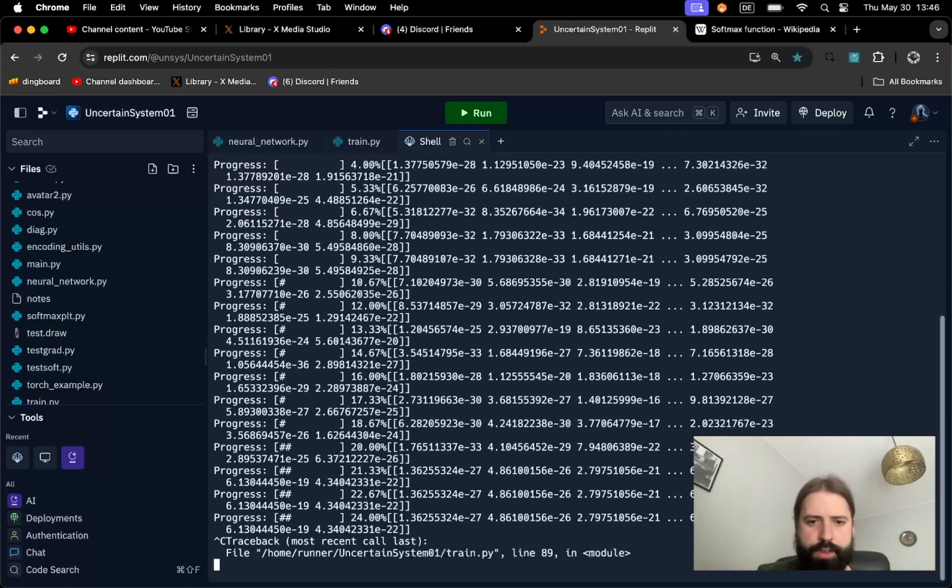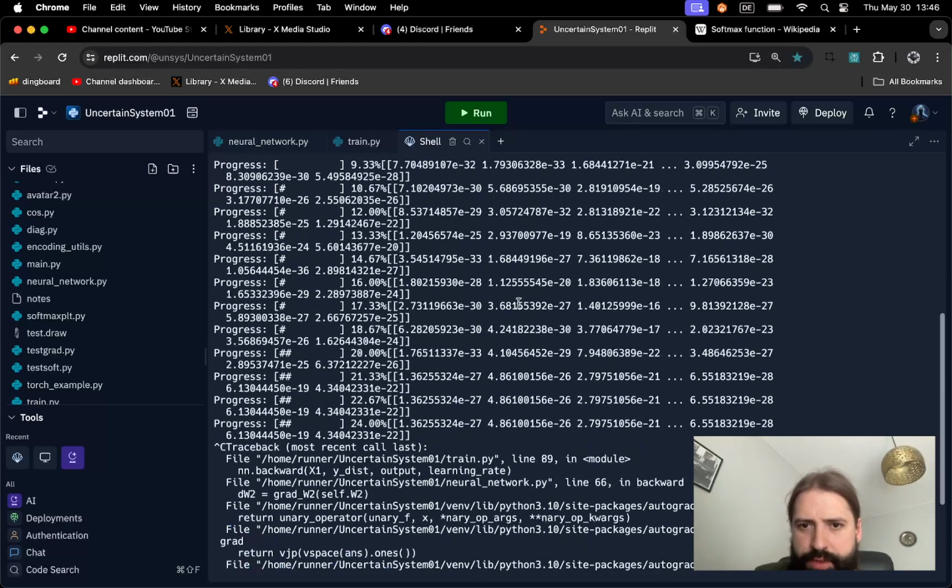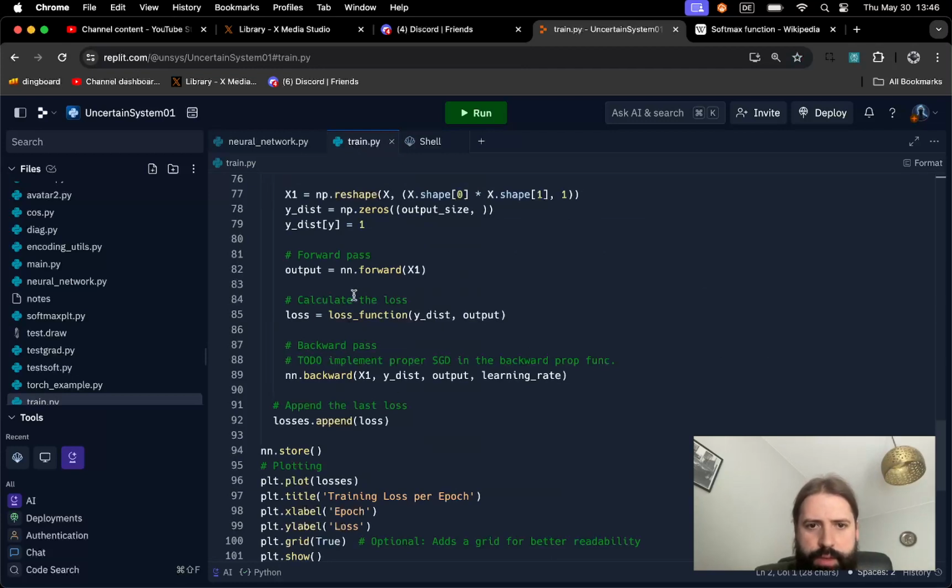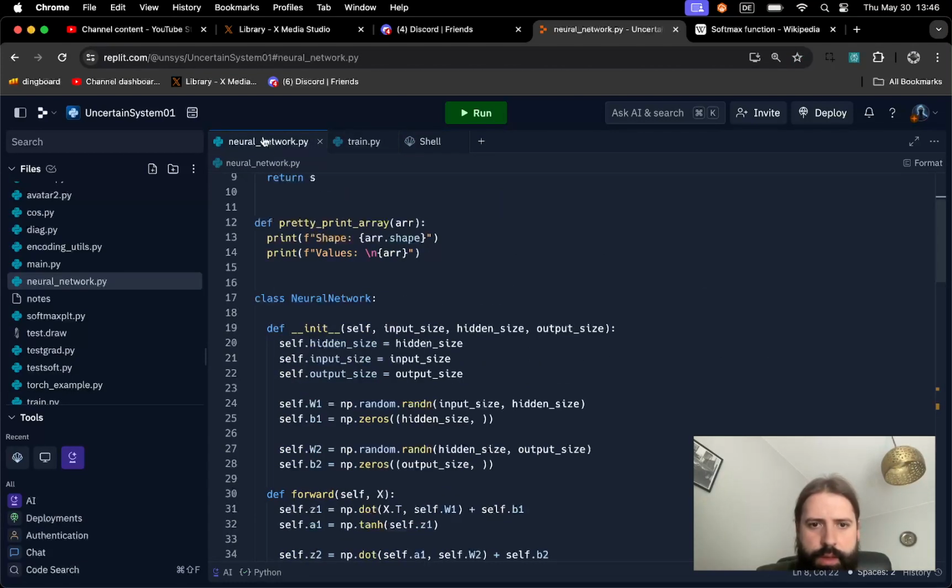The thing is, as you can see, there's a lot of zeros. Okay, so let's print the max.